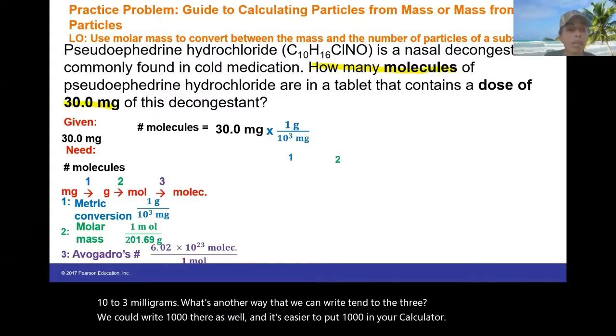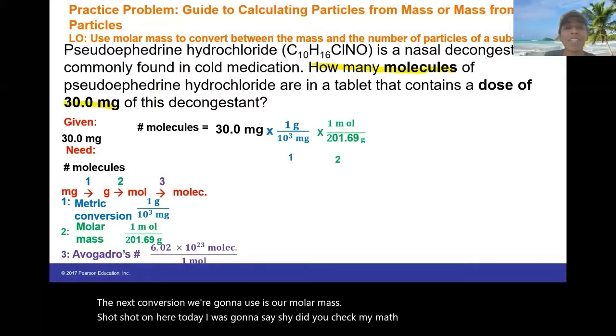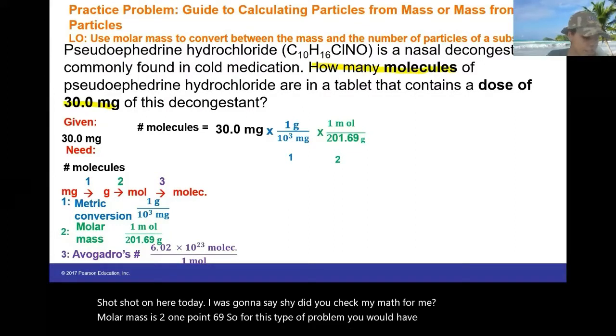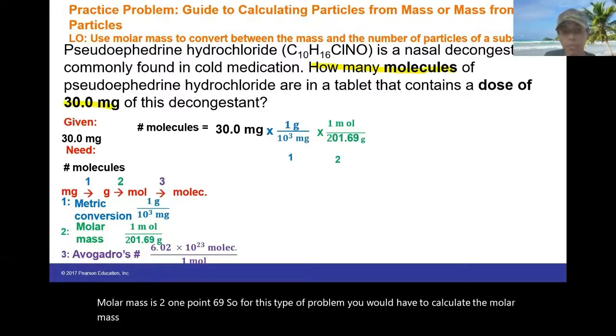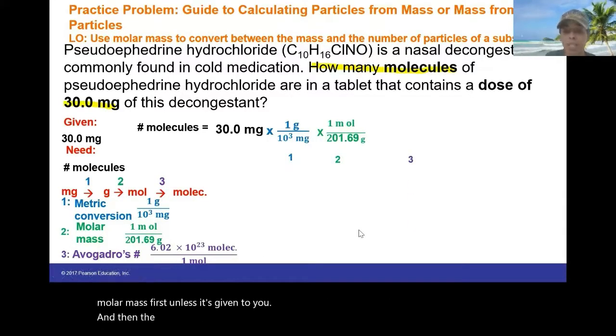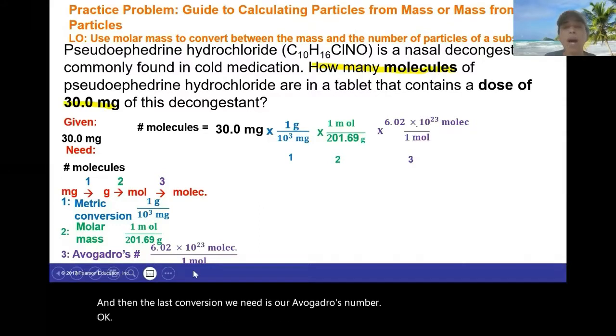The next conversion we're going to use is our molar mass. The molar mass is 201.69. So for this type of problem, you would have to calculate the molar mass first, unless it's given to you. And then the last conversion we need is our Avogadro's number. Okay. So how do I put this in my calculator?